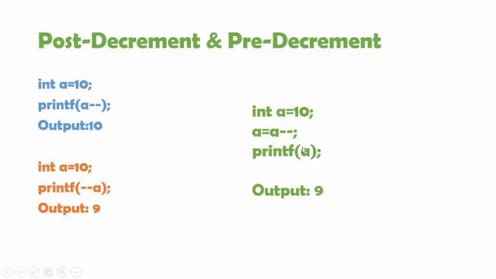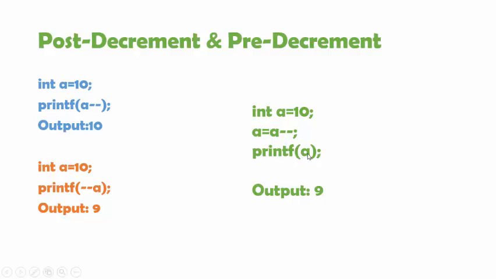A equal to 10, the value of a is 10, and it is immediately assigned to the variable a, then a becomes 10, and this minus minus remains as it is because it's a post operation and is applied afterwards.